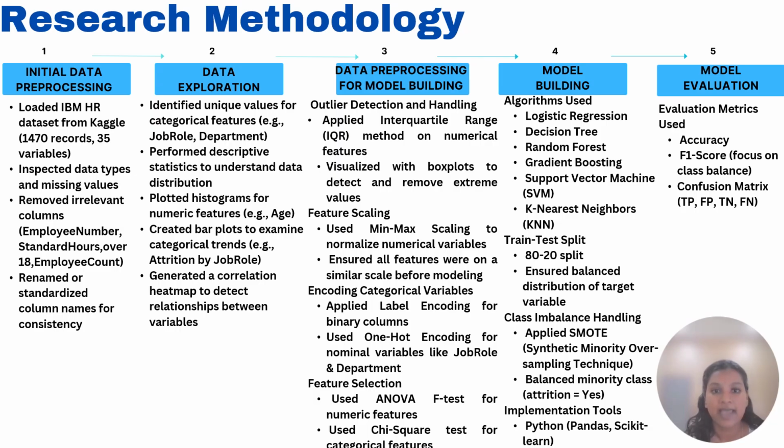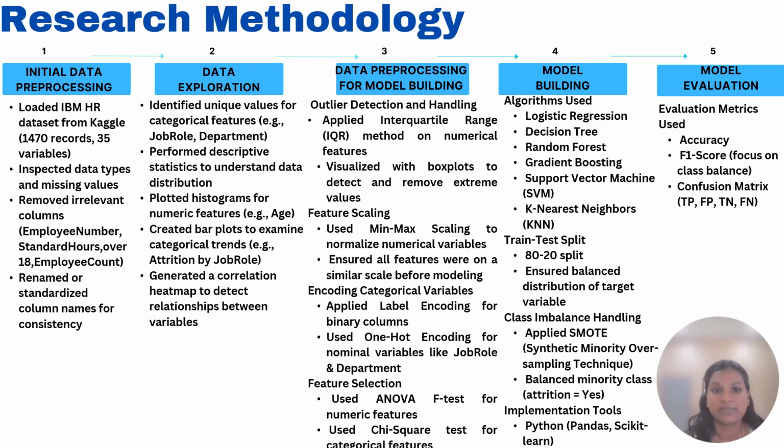For encoding, I applied label encoding to binary variables and one-hot encoding for categorical variables like job role and department. Lastly, feature selection was done using the ANOVA F-test for numerical features and the chi-square test for categorical ones, so the models would only use the most relevant inputs.